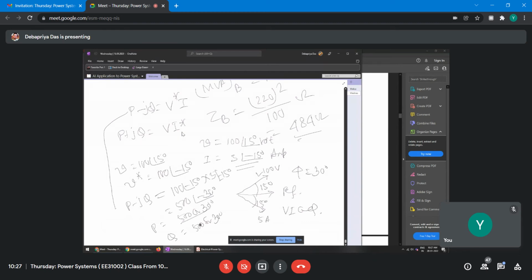P will be this much and Q will be this much. That's why we use the conjugate, right? Either P minus JQ or P plus JQ is equal to this. If you define S is equal to P plus JQ is equal to V I conjugate, or make it S conjugate is equal to V conjugate I, that is what this is.